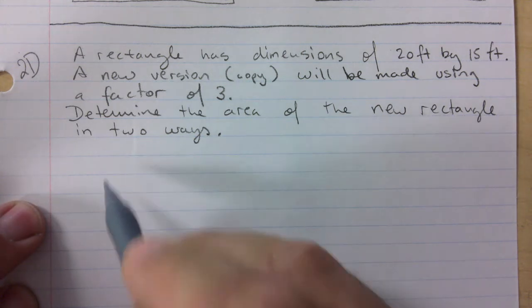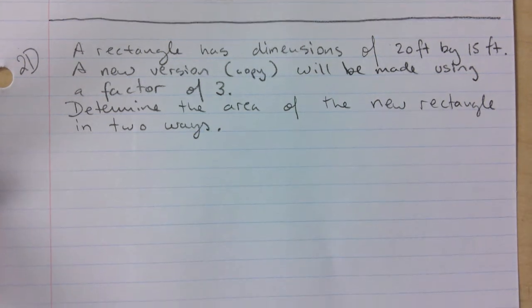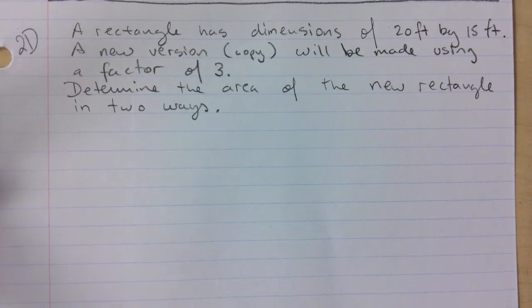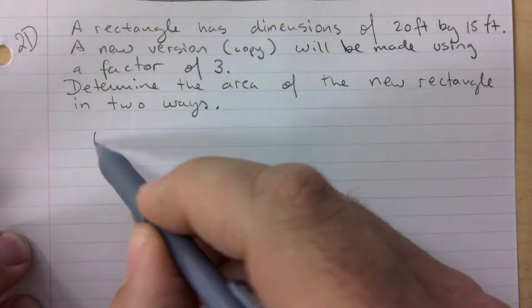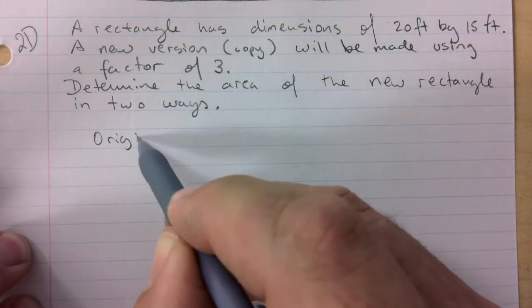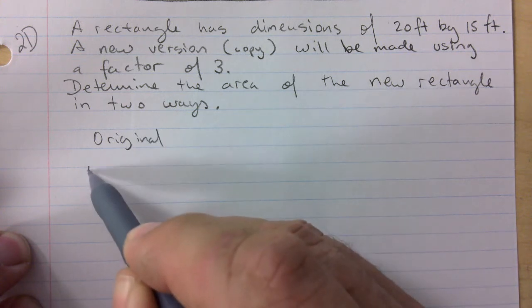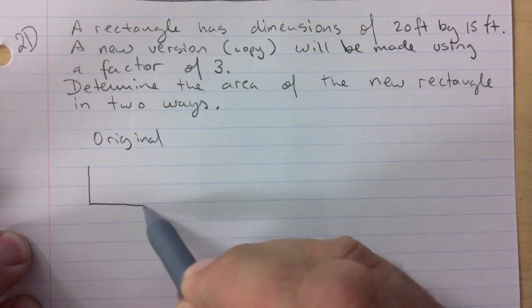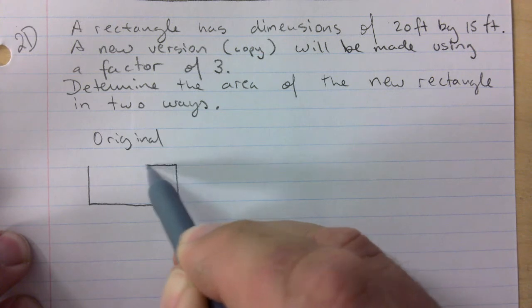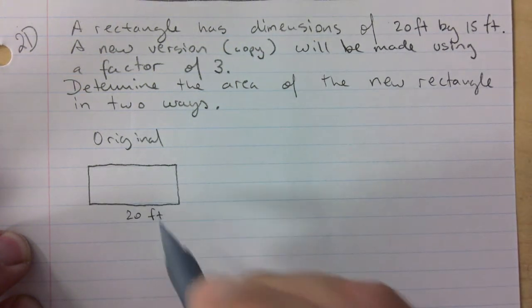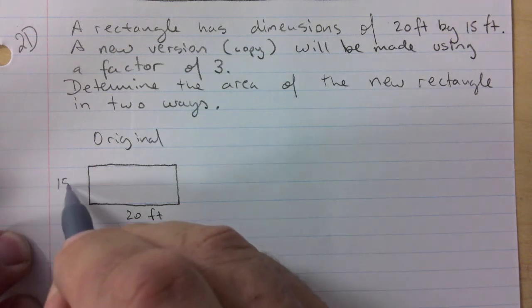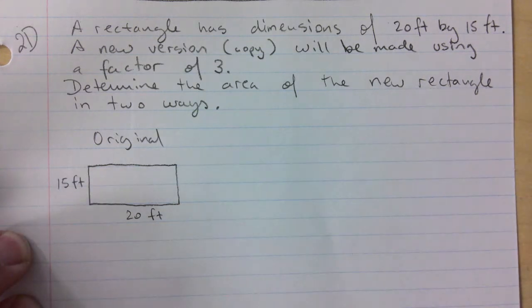So let's start with our original. I'm going to have a diagram and some calculations and numbers that go with it. So we have the original, and let's just draw a rectangle here. And we know that the longer side is 20 feet and the shorter side is 15 feet, the length and the width.